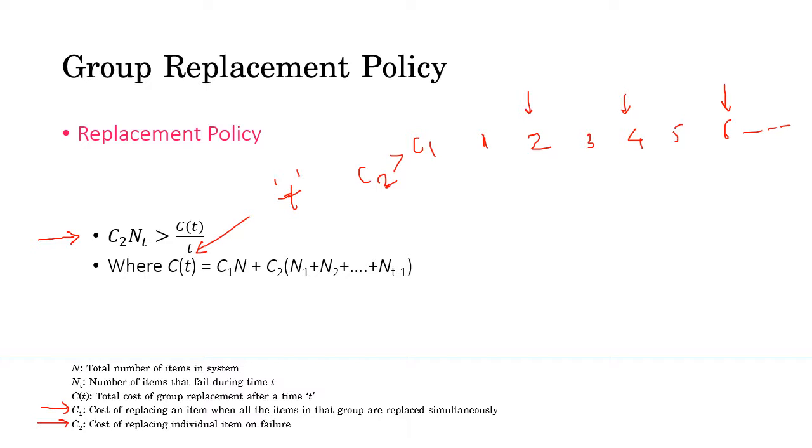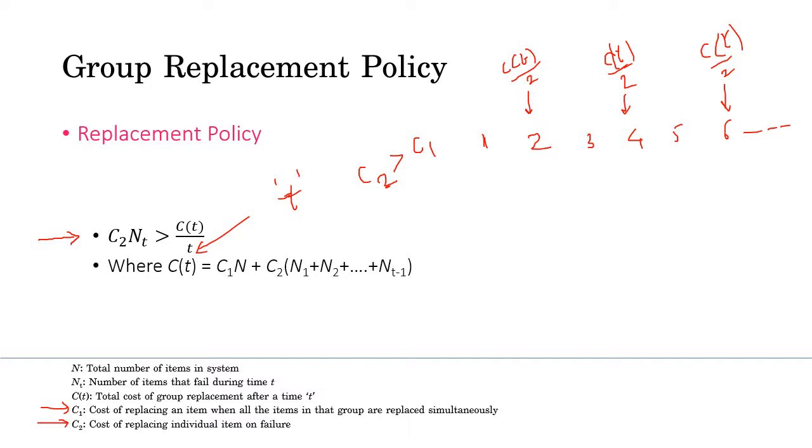So every 2 weeks the company pays a cost of CT, and the average cost will be CT divided by 2, because the company is replacing the items in a group every 2 weeks. This will be the average cost of replacement.